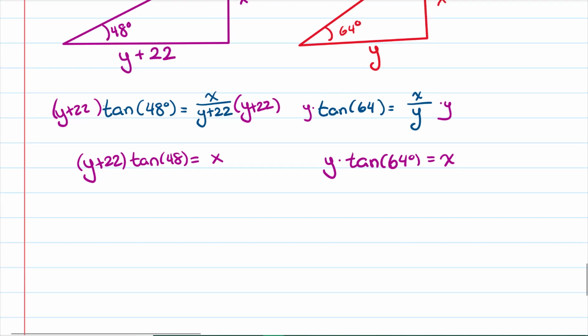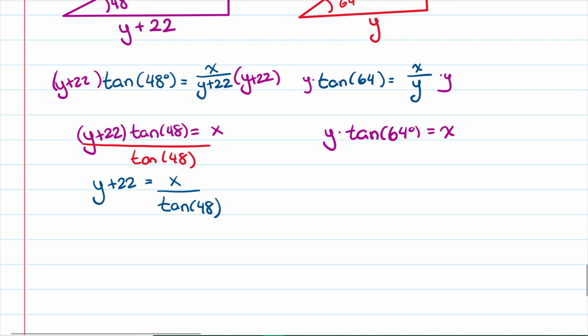So now on this side, I'm going to divide both sides by tangent of 48. So I get y plus 22 is equal to x divided by tangent of 48. And then I'm going to subtract 22 from both sides. So I get y is equal to x divided by tangent of 48 minus 22.